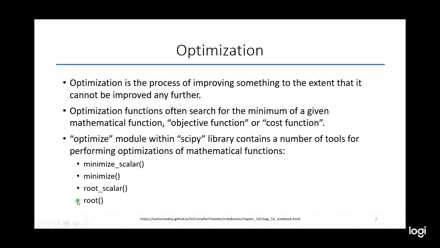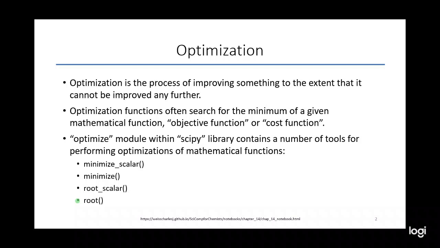Another set of powerful tools in the optimize module are the root function and root_scalar functions. Much like minimize, the root function is capable of finding the root of both multivariate functions having multiple inputs and univariate functions having a single input.